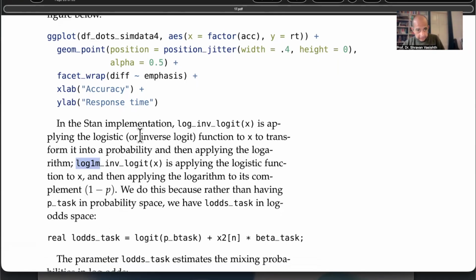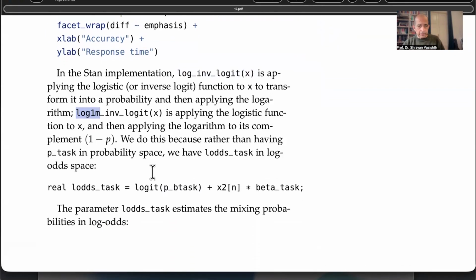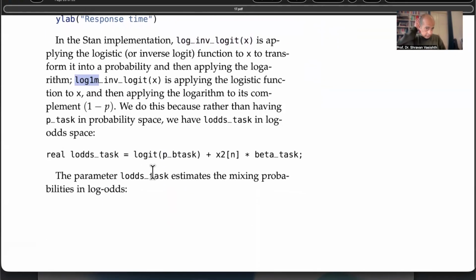Here we are modeling on the log scale, where the inverse logit represents some probability x, and the probability 1 minus x would be modeled with the log 1 minus inverse logit function. That's coming up in the Stan model, but just to mention that it's going to come soon.